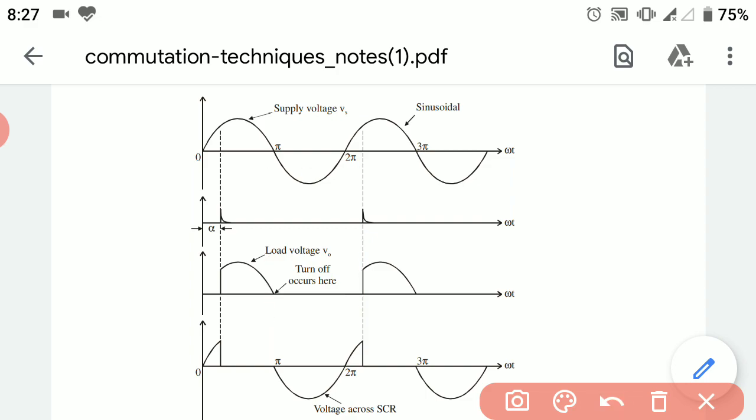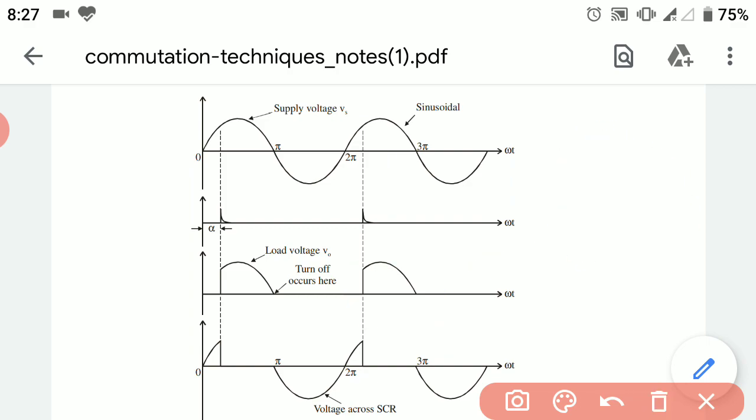So this is the output waveform of the thyristor. You can see that at this instant, when there is 0 voltage and the negative peak starts at angle pi, the thyristor will turn off and there is no output voltage. When the positive peak comes again, the thyristor will turn on and the output voltage will develop.